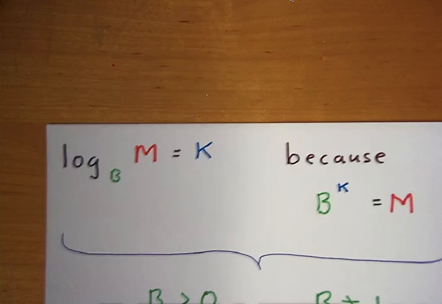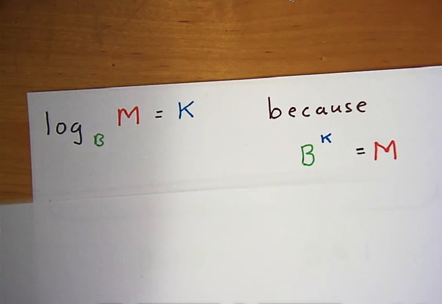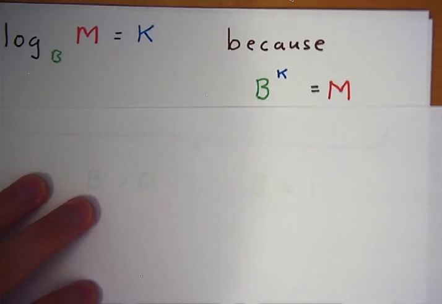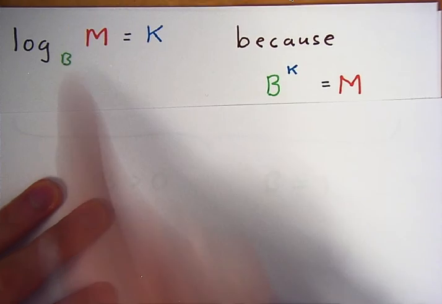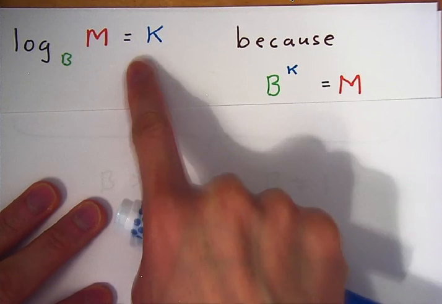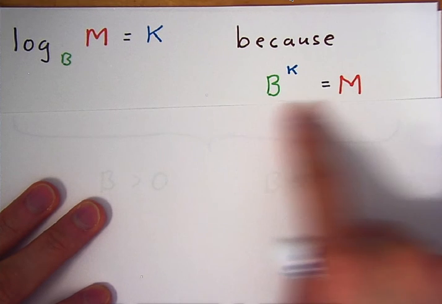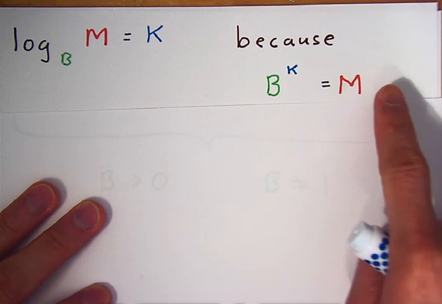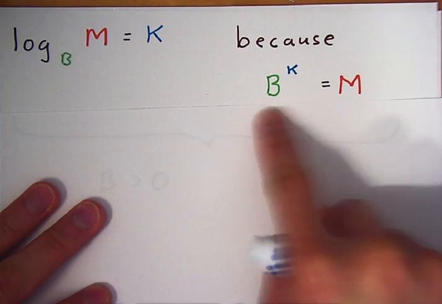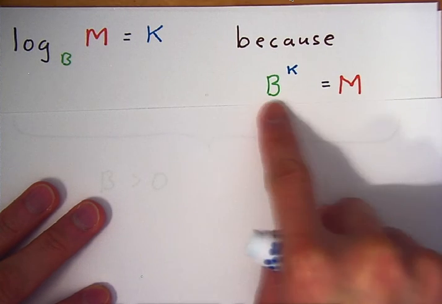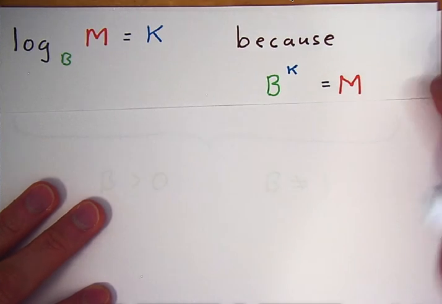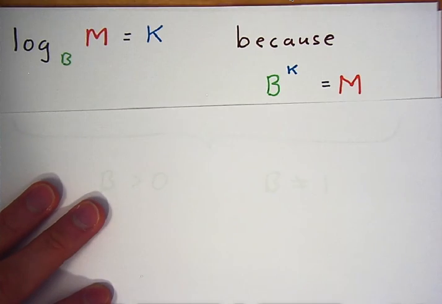Because of this relationship, because logarithms are defined relative to an exponential, and because an exponential has restrictions, those restrictions carry over to logs. So what do I mean by that?